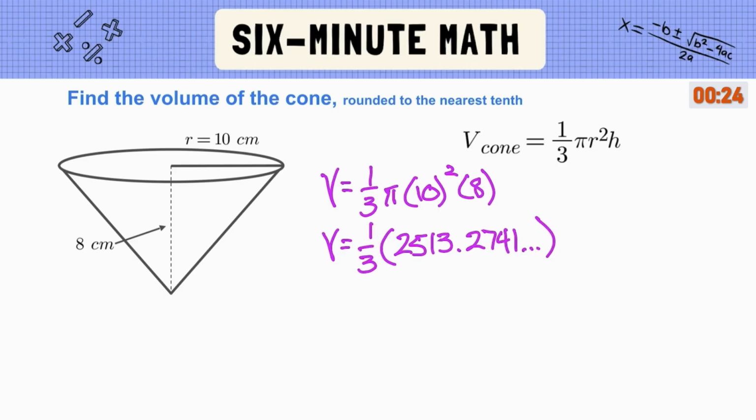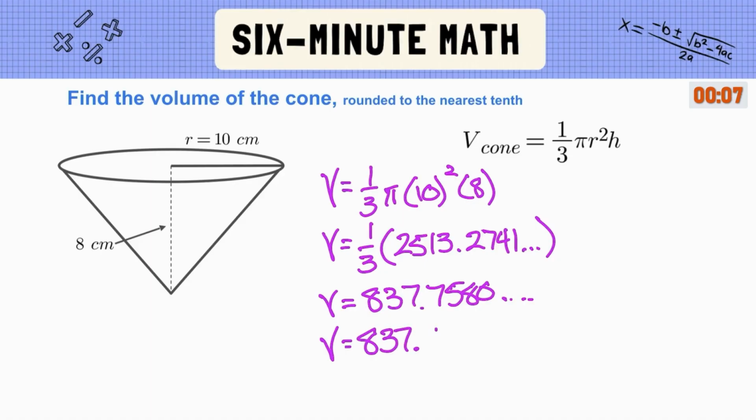I multiply that by 1/3 for a cone volume of 837.7580. And then lastly, my question asks me to round it to the nearest tenth for a final volume of 837.8 centimeters cubed. Those are all the examples we have today for finding the volume of cones.